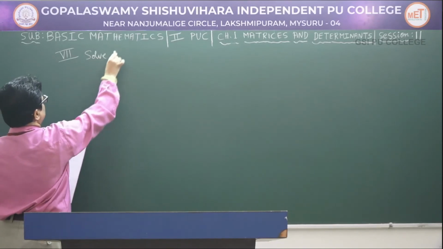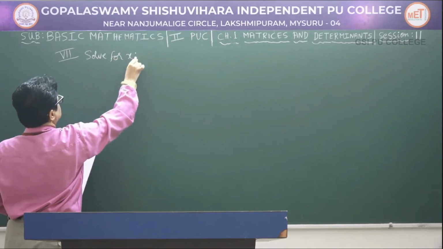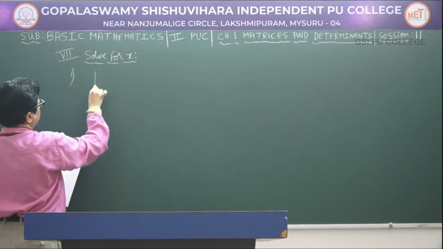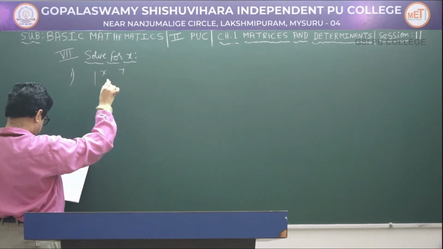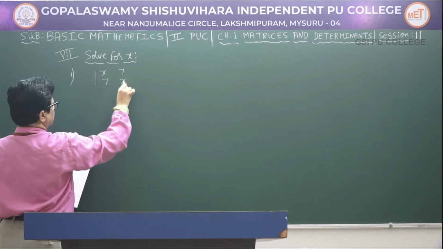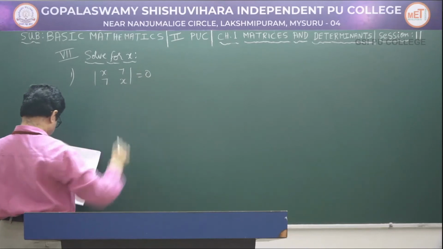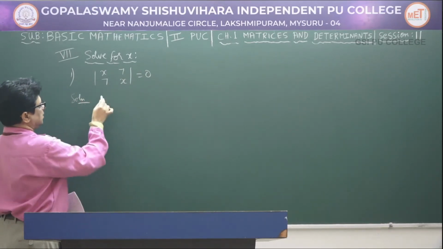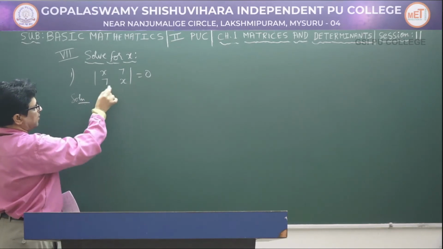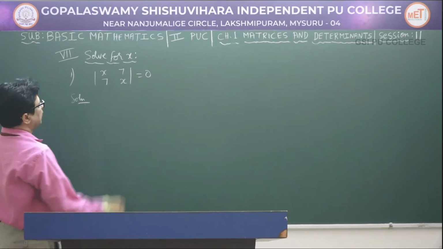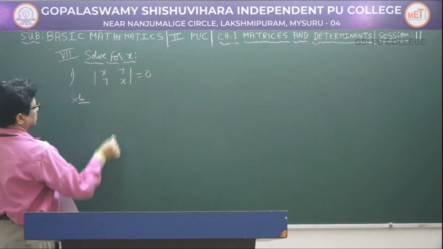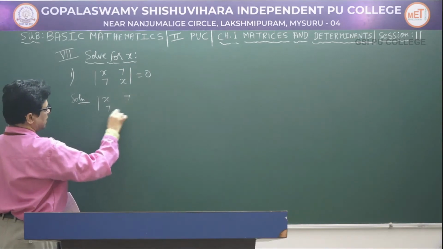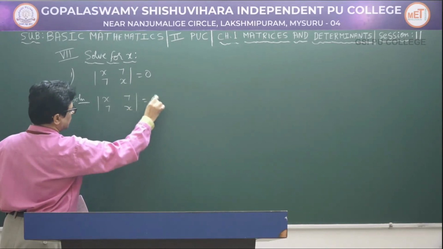Solve for x. Determinant of x 7, 7 x will be equal to 0. So here we have to solve the given determinant and find the value of x.